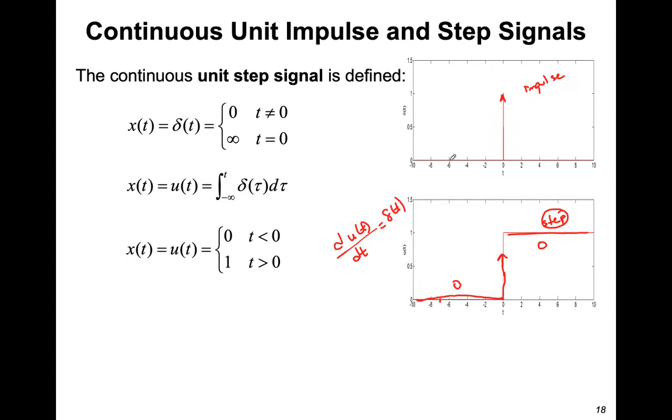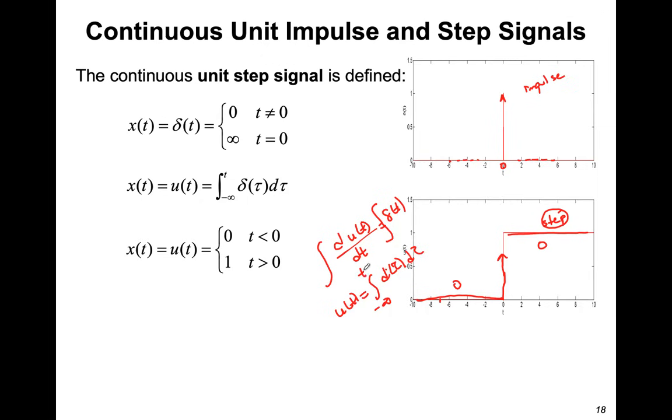At all other points, the derivative is going to be 0, but at time instant equals 0, it will be equal to Dirac delta function. If I take the integral of both sides, then I will say u of t is equal to the integral of the Dirac delta function.